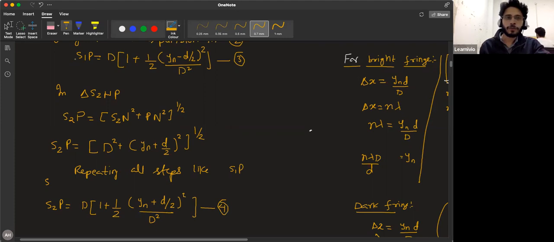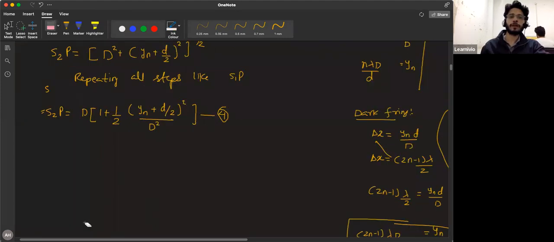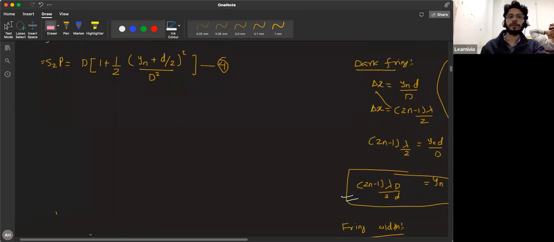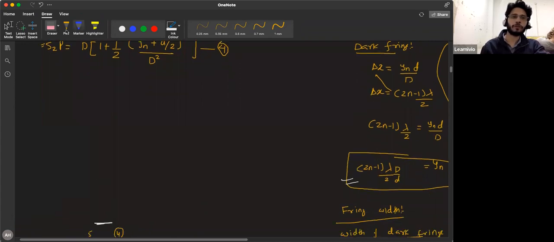So we have S1P as well as S2P. Our motive is to calculate the path difference. When we calculate the path difference, the majority of terms will cancel out. We represent the path difference with x.